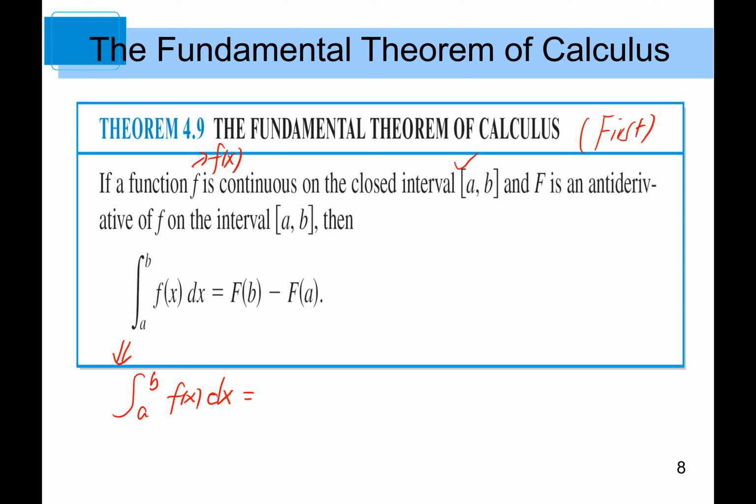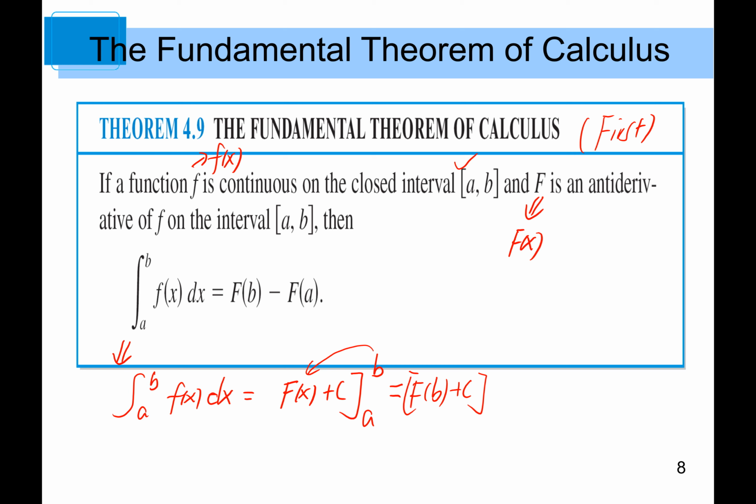Based on the description, uppercase F of x is an antiderivative of f on the interval a comma b, so that means it's going to be F of x plus c, and given a definite integral, x is from a to b. So now what we're going to do is replace x with b first, plugging b into the function, so we get F of b plus c.